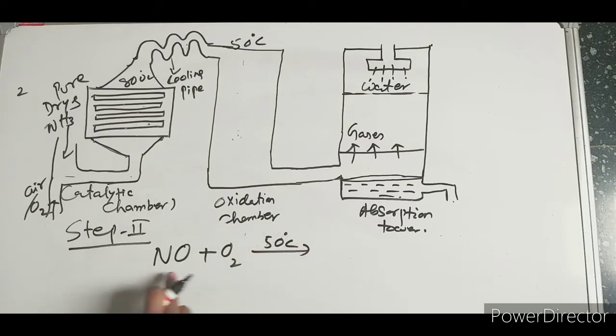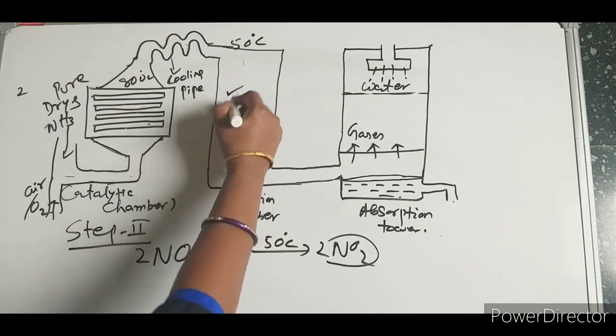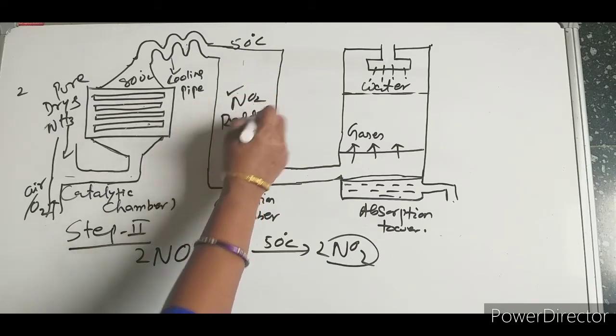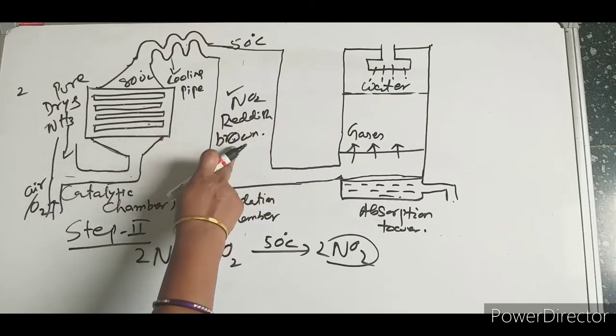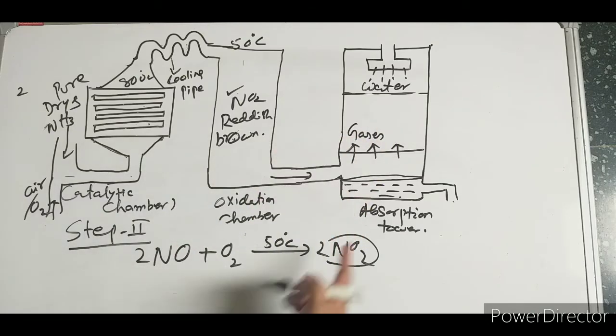So here NO with oxygen gives rise to NO2, around 50 degrees Celsius. Whenever we are getting NO2 here, obviously what will be the color? This one will be reddish brown color. These reddish brown vapors will pass through the absorption tower. This one will be step 2.